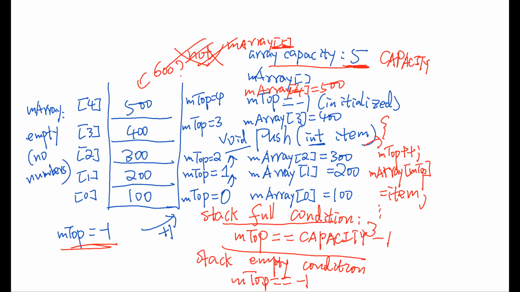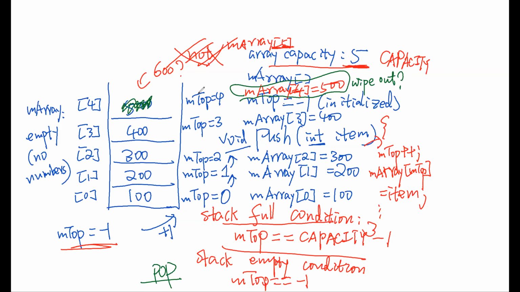And next, let's see how we do the pop operation. Pop means you're going to remove the top. To remove the top, you want to get rid of the 500. But in an array, is there a way I can wipe this out? I have no way to wipe this out from the heap.